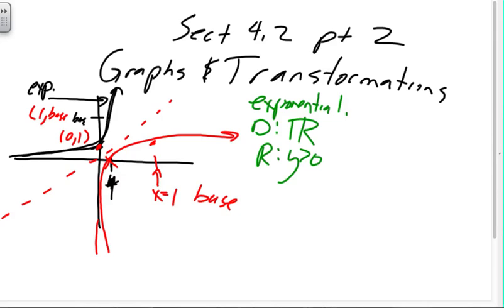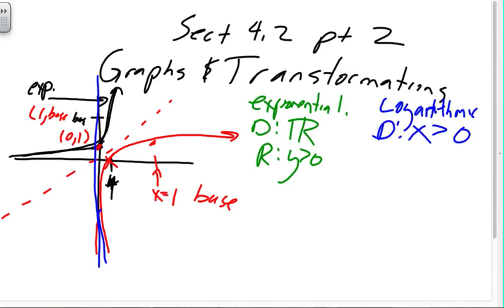So for a logarithmic, since we swap my x and y's, we should also swap domain and range, and that is indeed what happens. So you'll see that this is my vertical asymptote now. It's approaching it, so x is going to be bigger than 0. And my range now is going to be all real numbers.